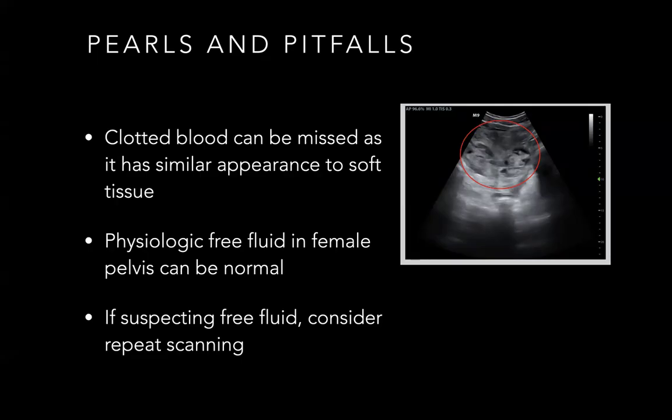Remember that that sensitivity is fairly low. And so, emergency room docs, if there's high suspicion, of course, they're going to be getting more imaging. But if there's an initial negative FAST, you want to repeat the scan in 15, 30 minutes just to make sure that any free fluid that's a slow bleed can be caught as there is more and more of a bleed.